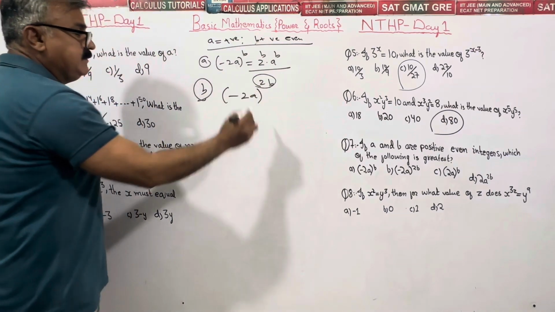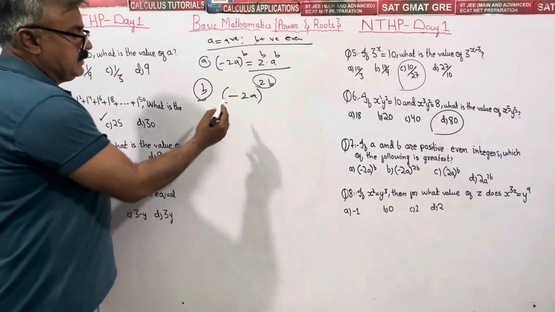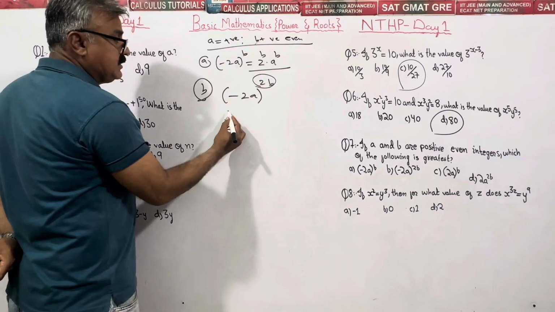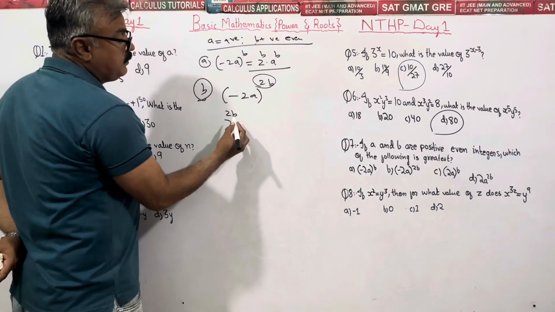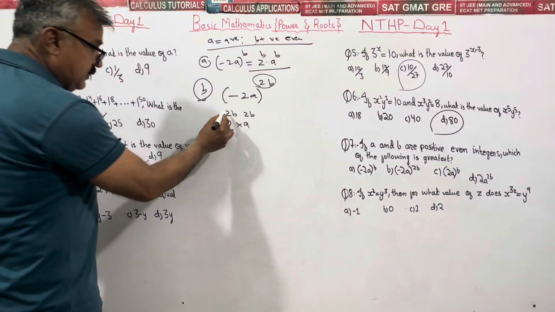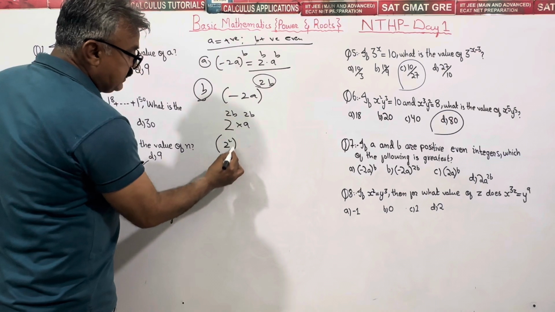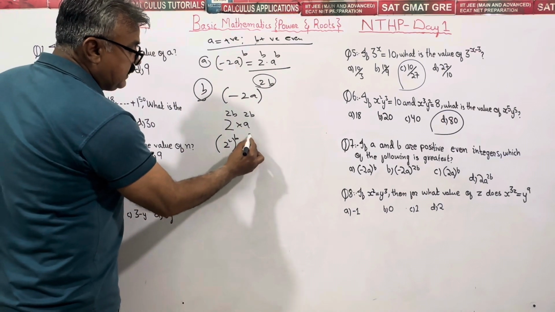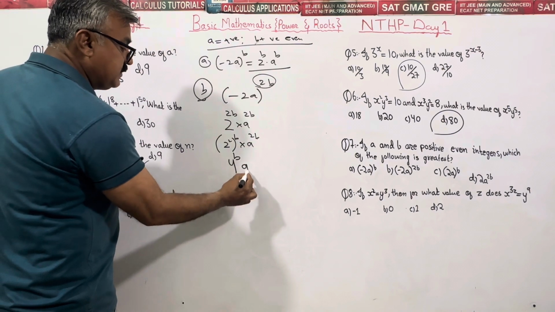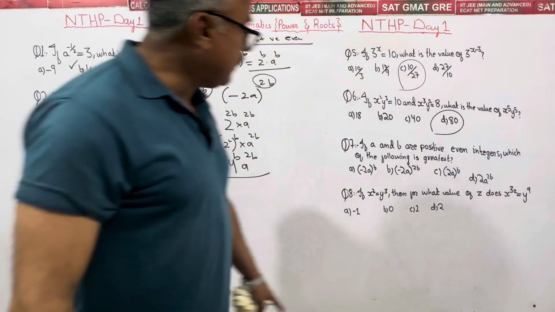As the power is even, the minus will be neutralized. Distributing the power, 2 raised 2b times a raised 2b. This can be written as 2 square raised b times a raised 2b. 2 square means 4 raised b times a raised 2b. That is our option B.